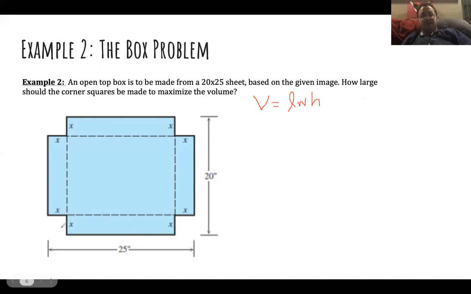So when we cut the box, 25 is what we start with, but when we cut things out, we're cutting 2x. So we could say that width is equal to 25 minus 2x.